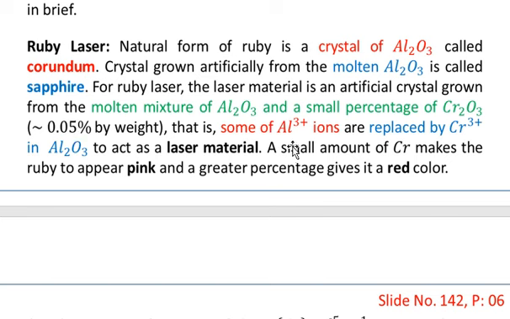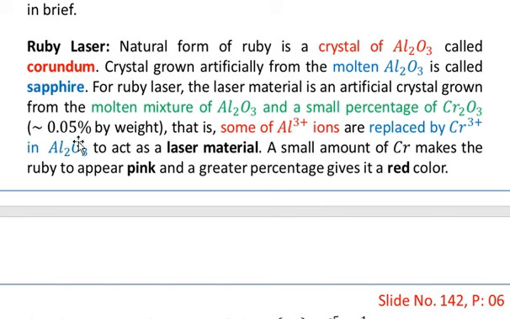That is, some of the triply ionized aluminium ions, which are Al3+ ions, are replaced by Cr3+ ions in Al2O3 to act as a laser material. So you can notice that we are replacing some of the aluminium triply ionized ions in Al2O3 by chromium 3+ ions, at 0.05% by weight.